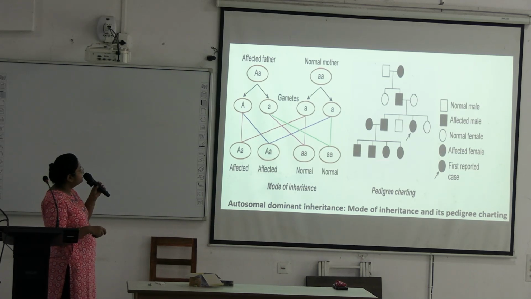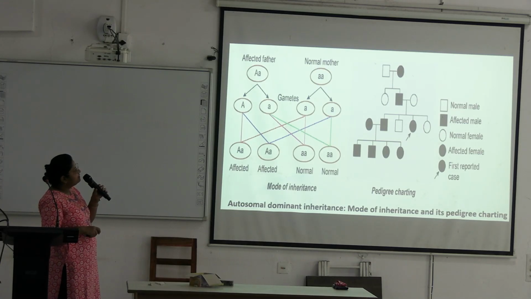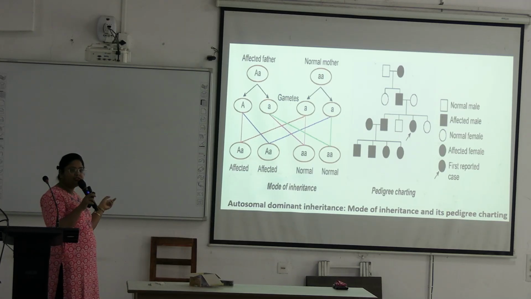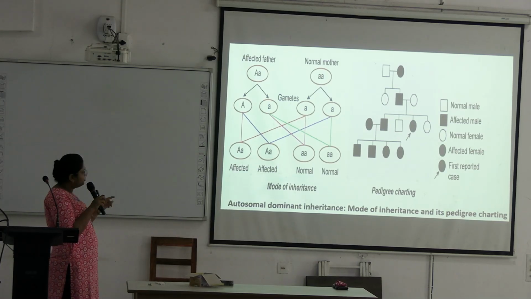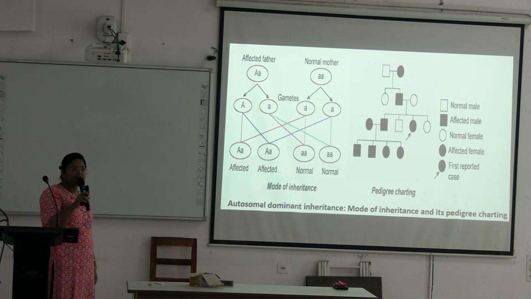After that these children are produced. In these two children capital A is present and they are affected, and here no capital A is present, so they are not affected. So if this pedigree chart is given, you have to diagnose the pattern of inheritance: autosomal dominant inheritance.